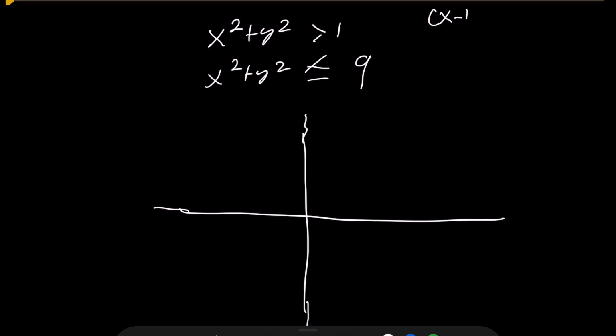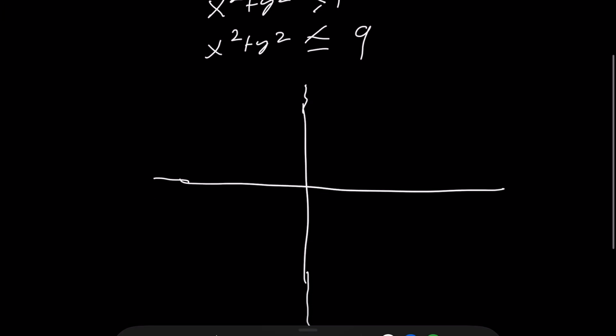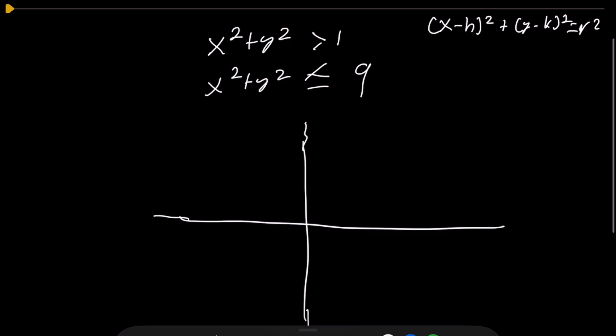I did not actually cover this, so essentially the equation for a circle is, h and k are the coordinates of the center, r is the radius. In this case, the center of both circles is 0, and the radius for the first one is 1, and the radius for the second one is 3.